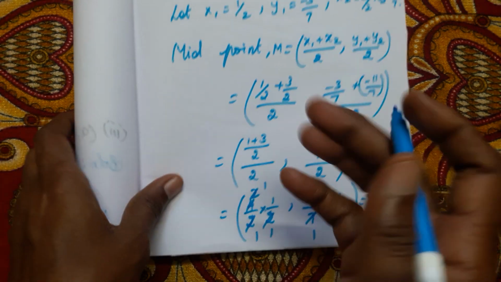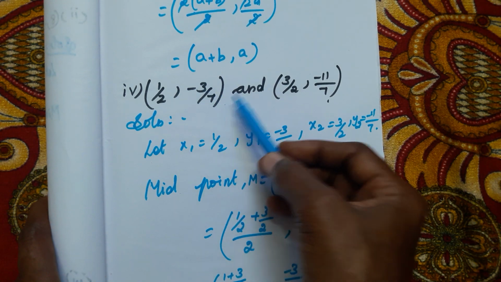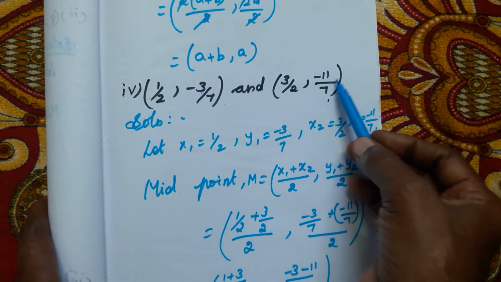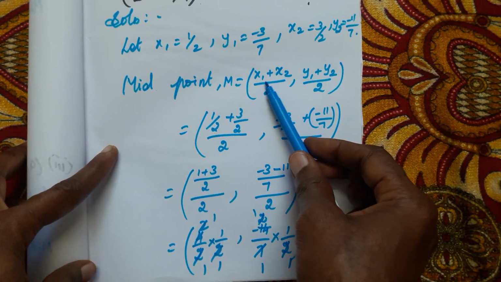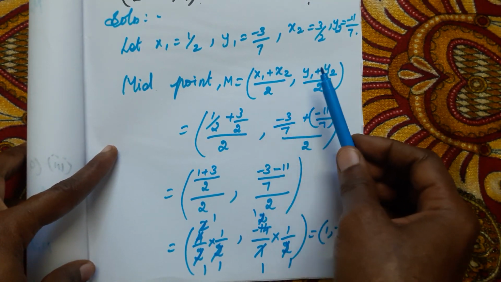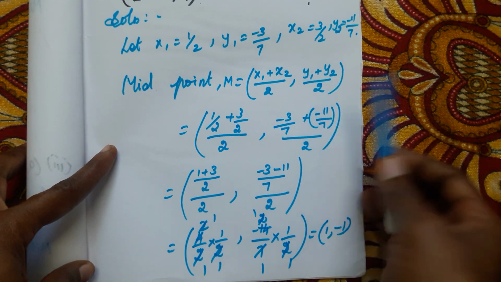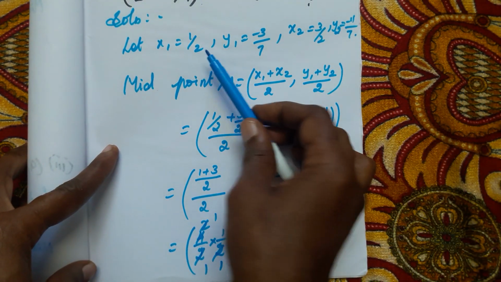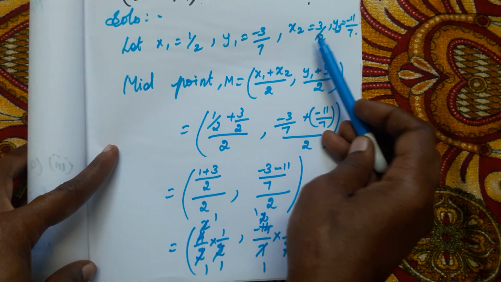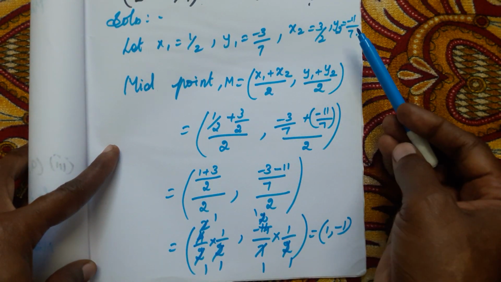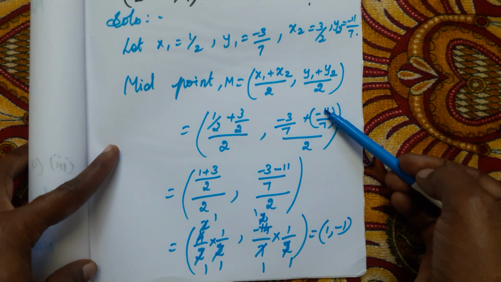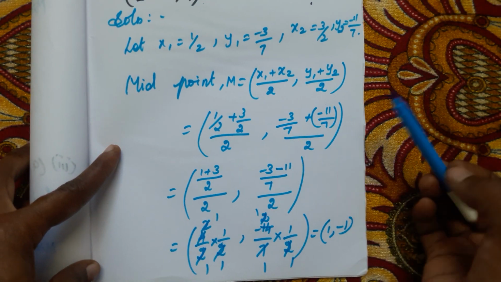Any doubt? First 1 by 2 comma minus 3 by 7 is x1, y1, and then x2, y2. Midpoint m is equal to x1 plus x2 by 2 comma y1 plus y2 by 2. Substituting, 1 by 2 plus 3 by 2 by 2, comma, minus 3 by 7 plus minus 11 by 7 by 2.